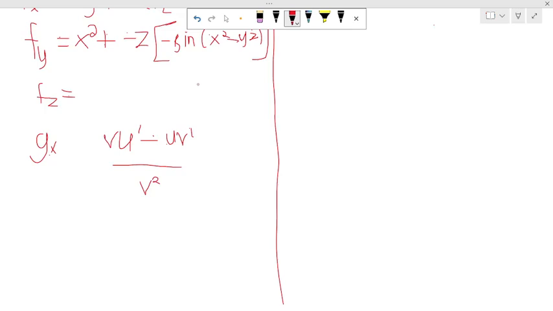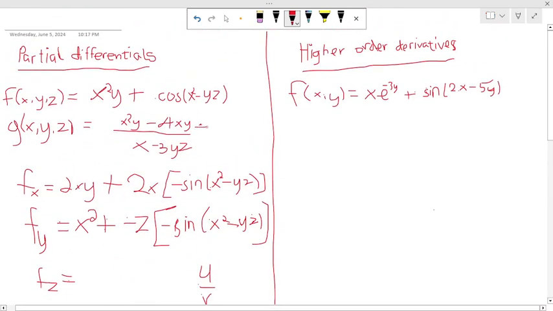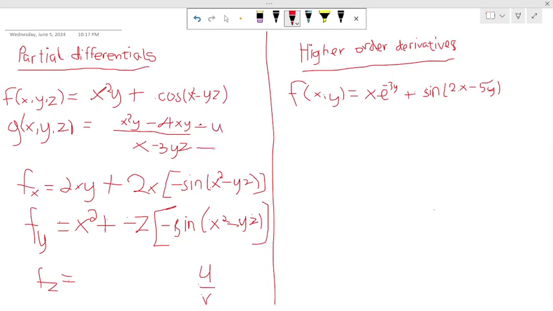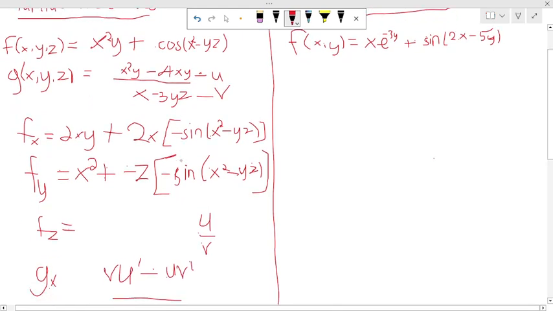So now our function is represented as u over v. From the function, our u is the numerator and our v is the denominator. Now we are differentiating this function with respect to x. We are going to apply the same idea from the quotient rule to differentiate this.